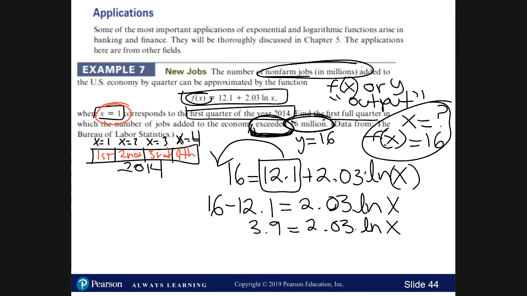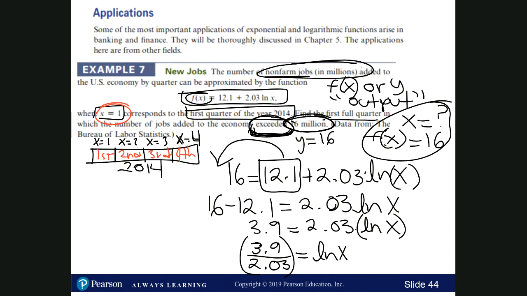You know the 2.03 is multiplying to the natural log, and so we're going to take it across the equal sign, and it will be dividing. Okay, so we're almost done. We're just going to leave that in parentheses. We're not actually going to divide it yet.